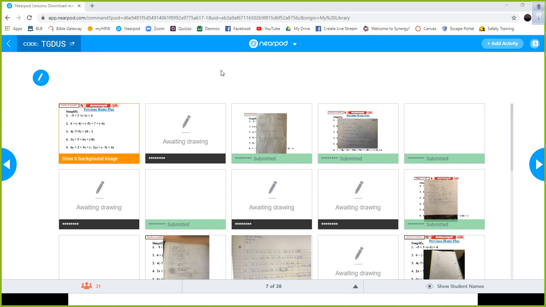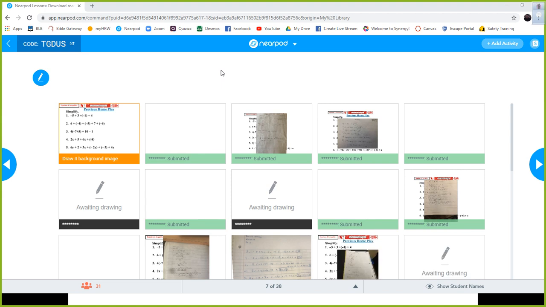So we can only submit through Nearpod? Yes. I'm going to give you slides on Nearpod where you have to lock your toolbar and then submit work through there. You take a picture of your work, because I want to see with your actual hand what you're doing in class.